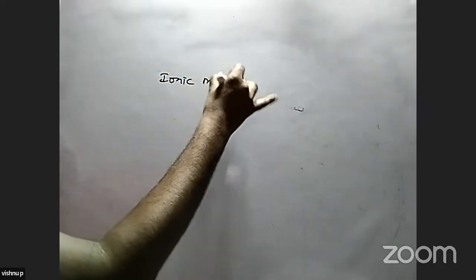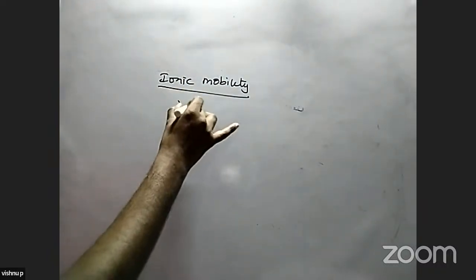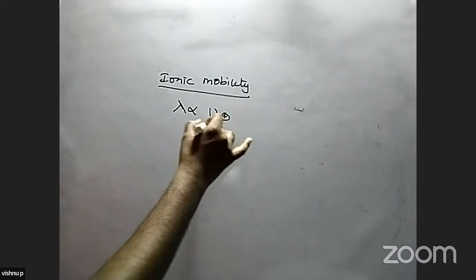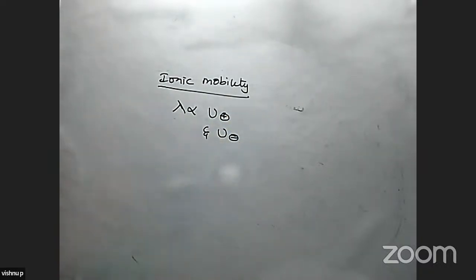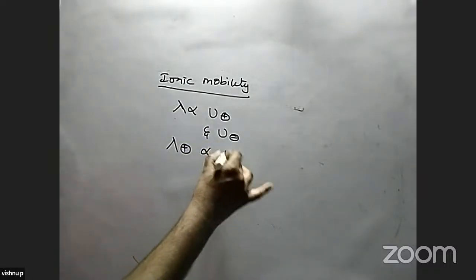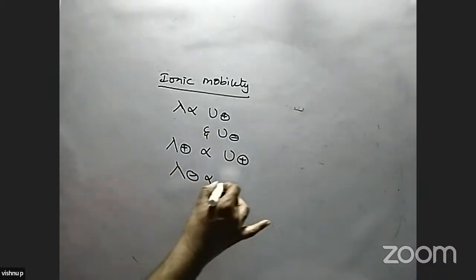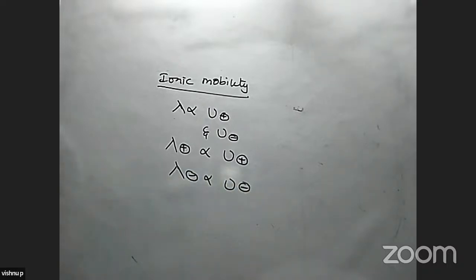And one more concept is ionic mobility. According to this, conductance is directly proportional to the mobility of cations, the speed of cations, and the mobility of anions also. Conductivity of cations is directly proportional to the mobility of cations, and conductivity of anions is directly proportional to the mobility of anions.